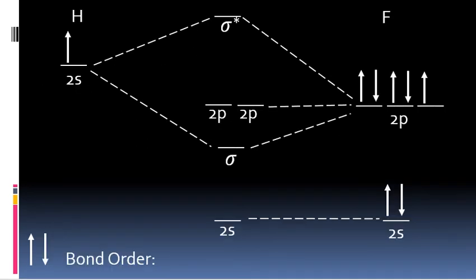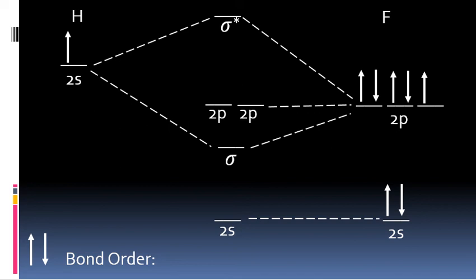Now, once again, I want you to know, I would give you the skeleton of the molecular orbital diagram. You guys would need to know how to fill the atomic orbitals on the outside and then fill the molecular orbitals. In this case, let's look at that molecule of hydrogen and fluorine bound together.